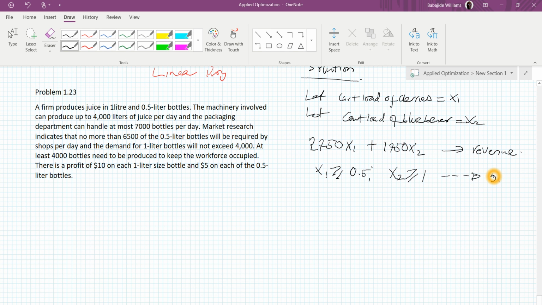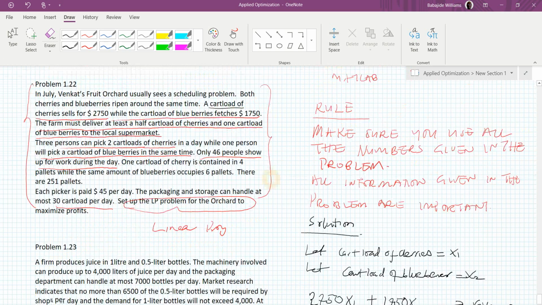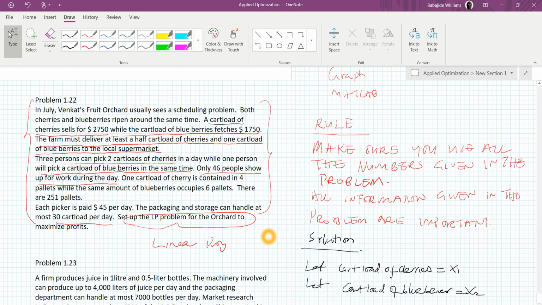Now, let's go back to the question again. The firm must deliver at least half a cartload of cherries and 1 cartload of blueberry to the local supermarket. 3 persons can pick 2 cartloads of cherries in a day, please note this, while 1 person will pick a cartload of blueberry in the same time.